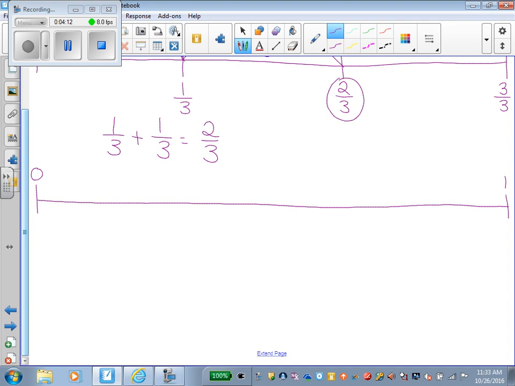Alright, so your number line should look something like this. So with fourths, we're going to take one line down the middle, and then half that half, and half that half. So you should end up with 4 lines total after the 0 endpoint. Does everybody have 4 lines?